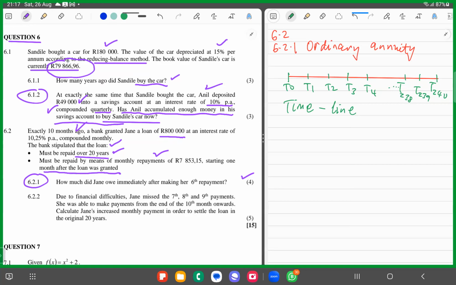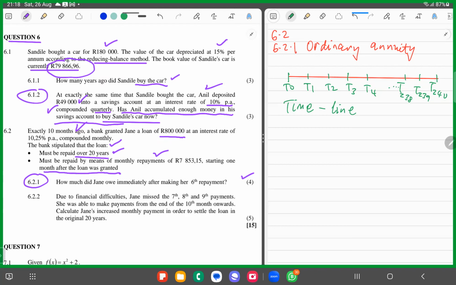What is the meaning of all this? This is called a timeline. So exactly 10 months ago, a bank granted Jane a loan of 800,000 at an interest rate of 10.25% compounded monthly. The bank stipulated that the loan must be repaid over 20 years, 240 months, by means of monthly repayments starting 1 month after the loan is granted.